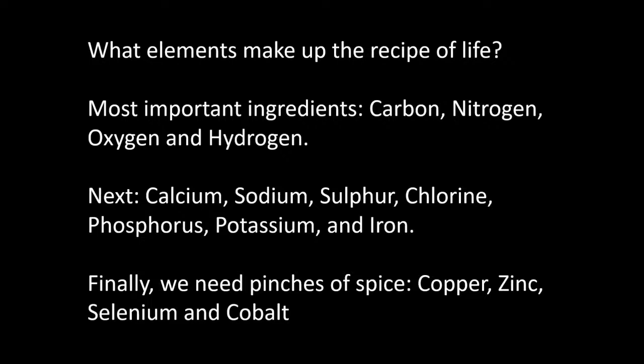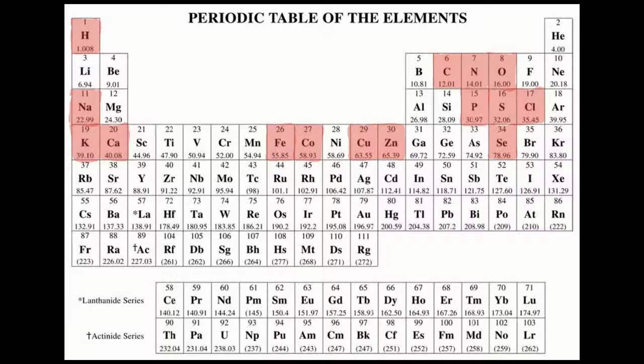The main ingredients that we would mainly require are hydrogen, carbon, nitrogen, oxygen, calcium, sodium, sulfur, chlorine, phosphorus, potassium and iron. These elements make up almost everything around us and are the bulk elements of our body.